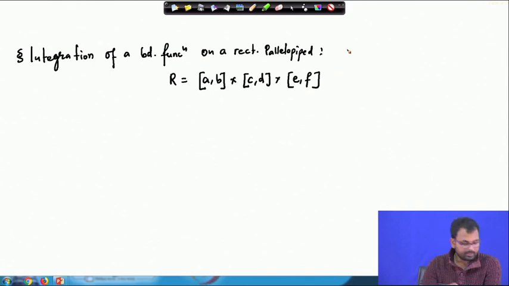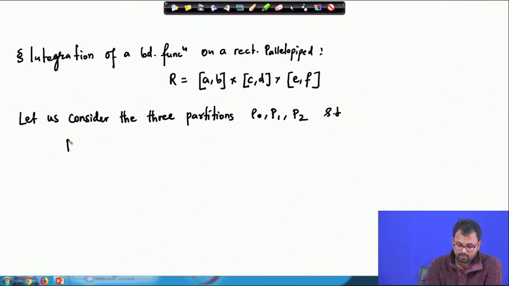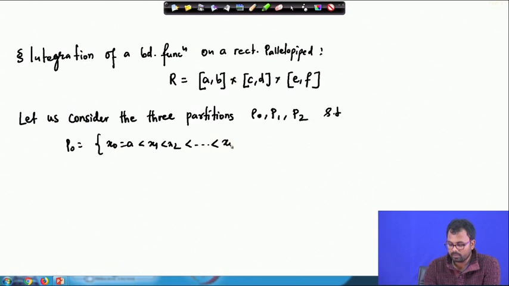All right, and suppose we consider the three partitions, say P0, P1 and P2, such that P0 equals x0 equals a less than x1 less than x2 up to less than xn minus 1 less than xn equals b.